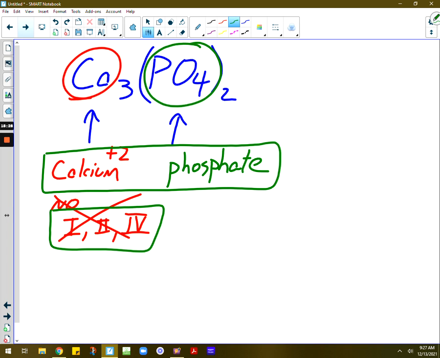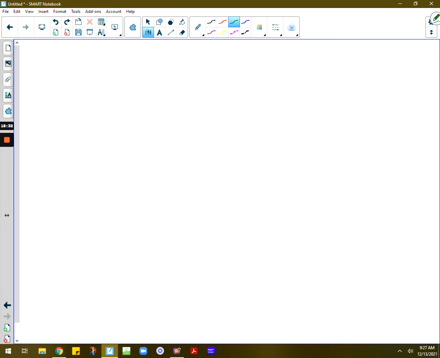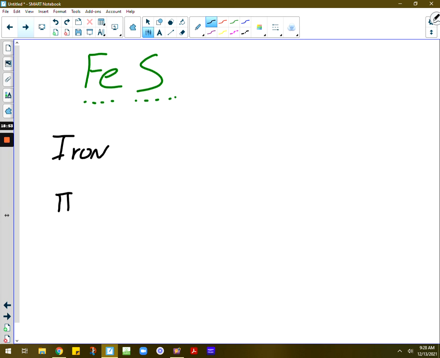Okay. Now, if I'm given something more like this, that's also going to be ionic because I've got a metal and a nonmetal. So I find my metal. What is Fe? That's iron. Iron could be multiple. It could be +2 or it could be +3.